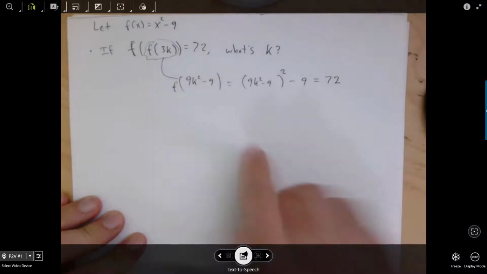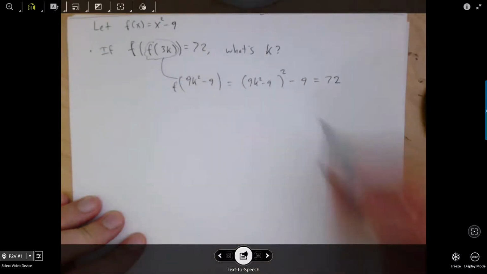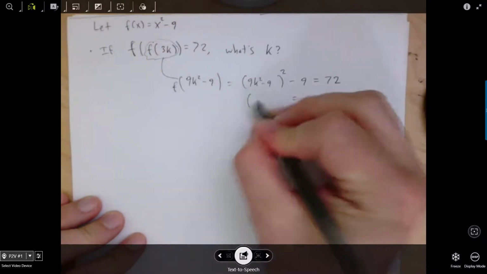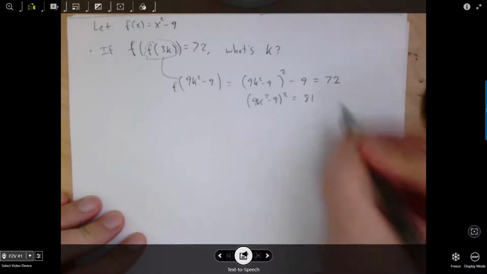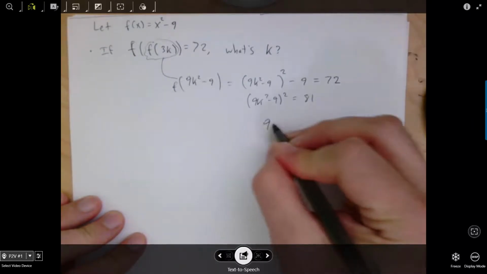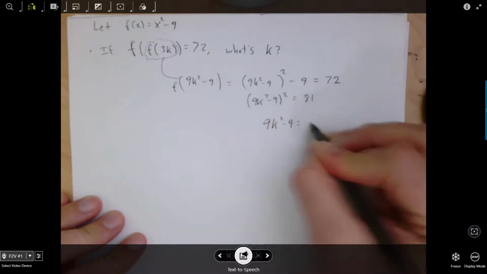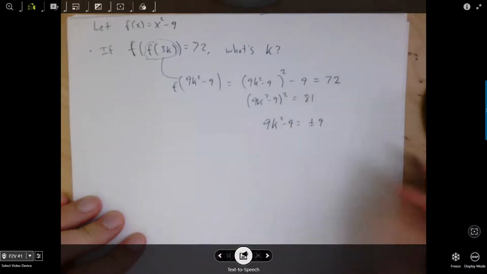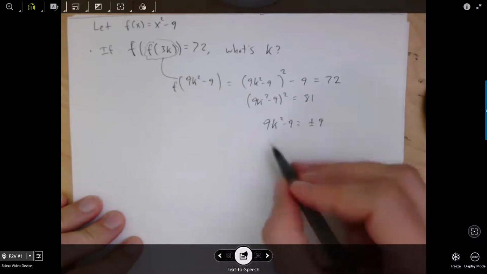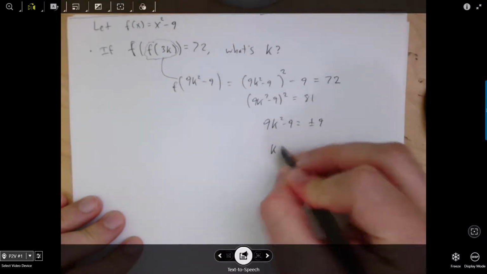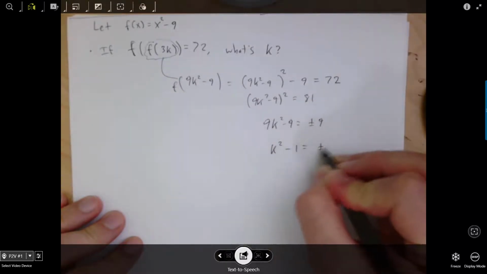So let's solve it. I'll add 9 to both sides here. So that gives me 81 on the right, and this squared is 81. I'll take the square root of both sides. So that gives me plus or minus 9 here. Let's divide through by 9. So that gives us k squared minus 1 equals plus or minus 1.